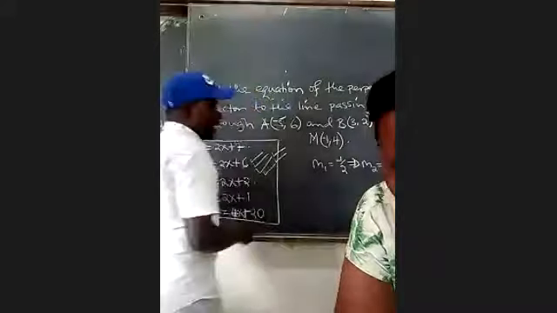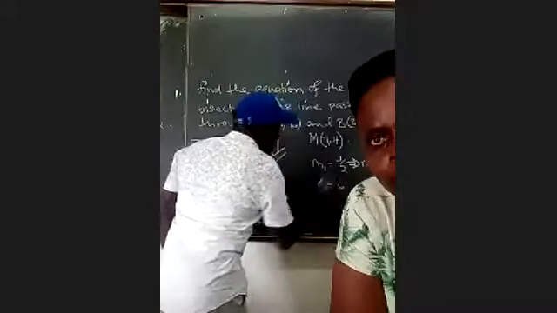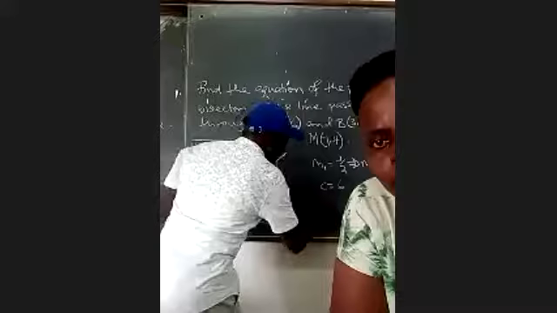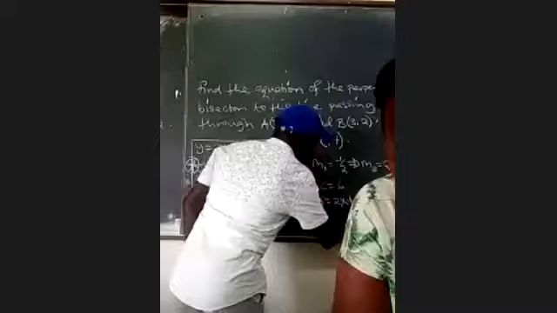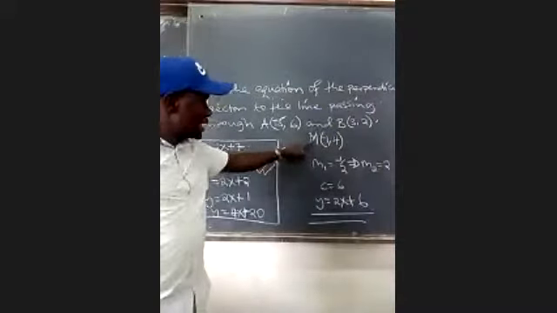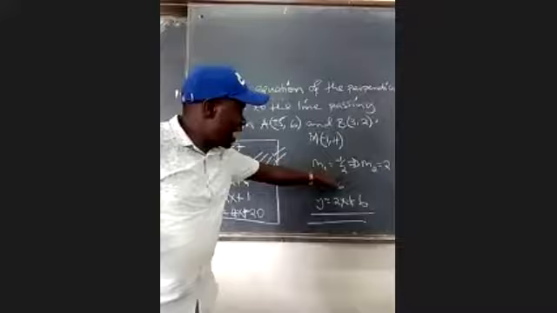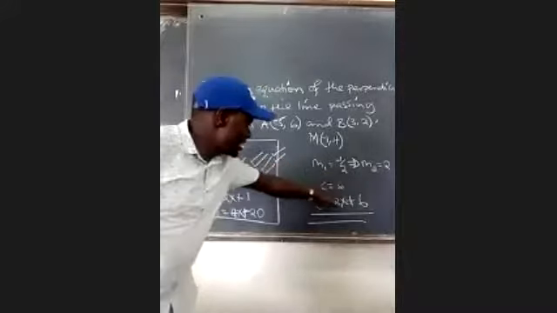You got C as 6, and the final answer is y is equal to 2x plus 6. Okay, so midpoint is this one. M1 is -half. M2 is 2. C is 6. The equation of the perpendicular bisector is y is equal to 2x plus 6.